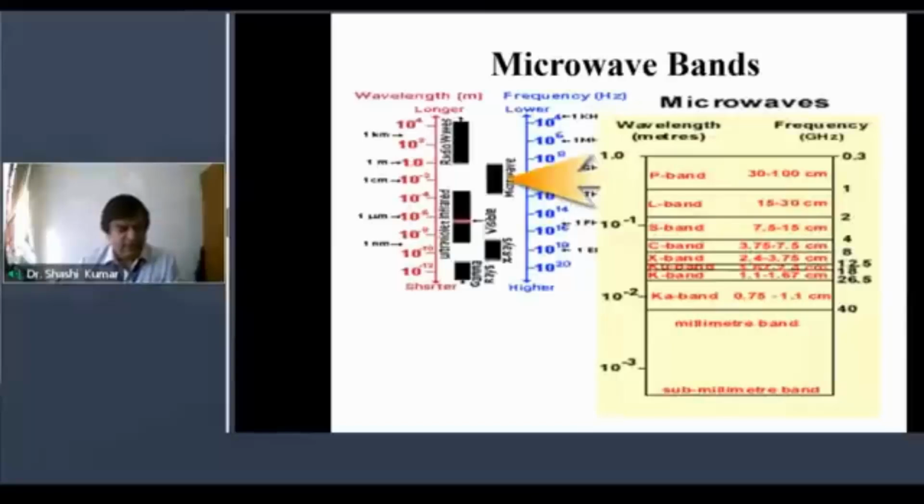Now this is the microwave band. Here you can see the portion of the electromagnetic wave covering the 1 millimeter to 100 centimeter range, which is known as the microwave band.